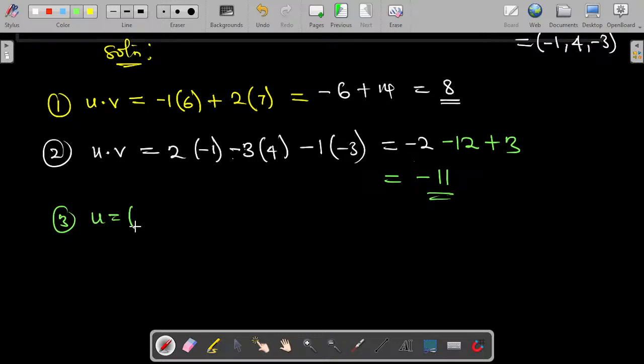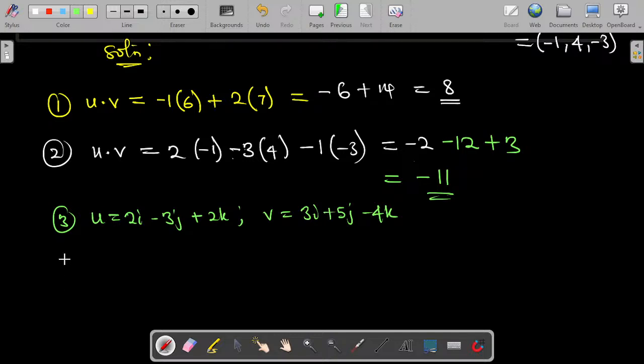Here our u, let me put it in ijk form, is 2i minus 3j plus 2k, and our v is equal to 3i plus 5j minus 4k. Everybody quickly. In fact, as I'm dropping it, I expect answers already.